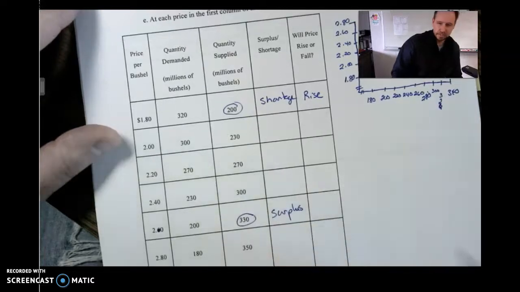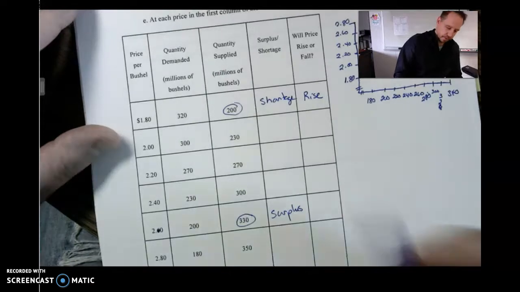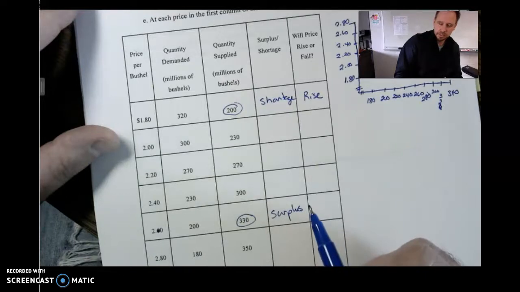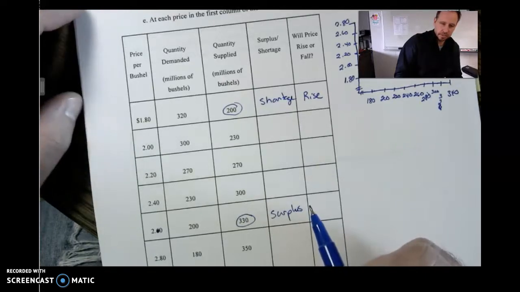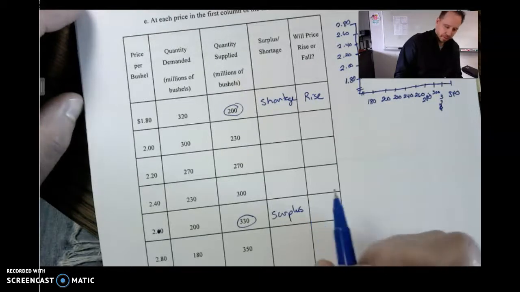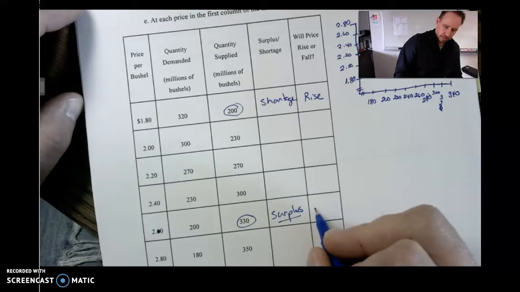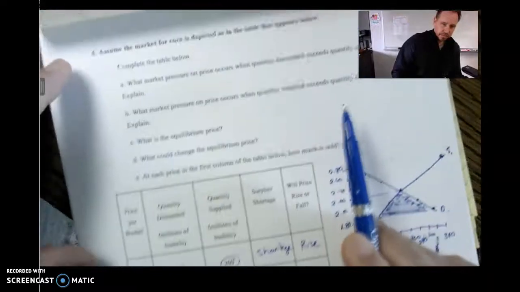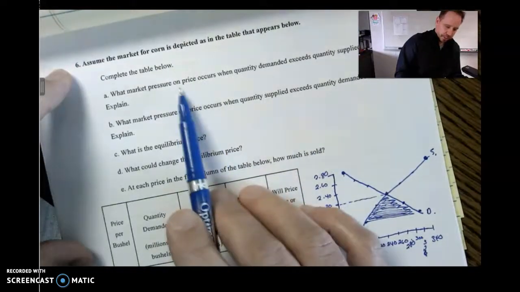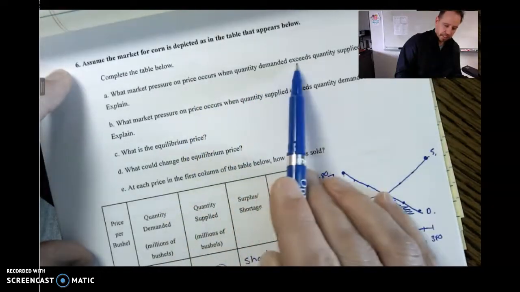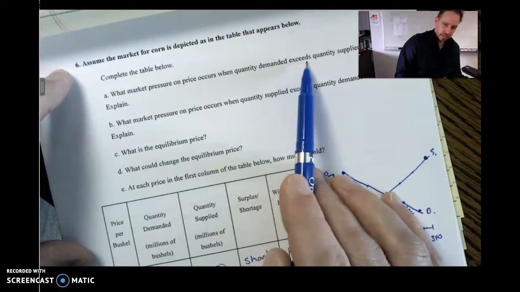When you have a surplus in any market, you guys know the result. You go into the dollar store after Easter or Valentine's Day or Christmas, and those things that didn't sell, that were priced too high, above equilibrium, that were in surplus, they go on clearance, right? The prices fall. So, what market pressure on price occurs when quantity demanded exceeds the quantity supplied?